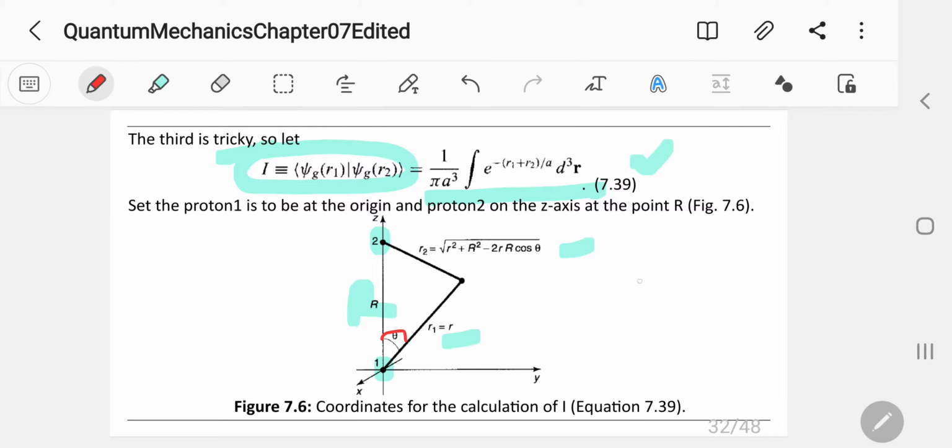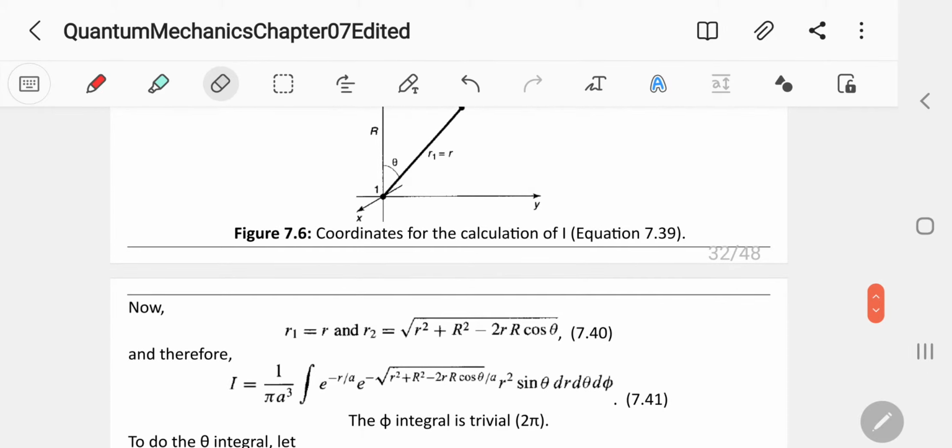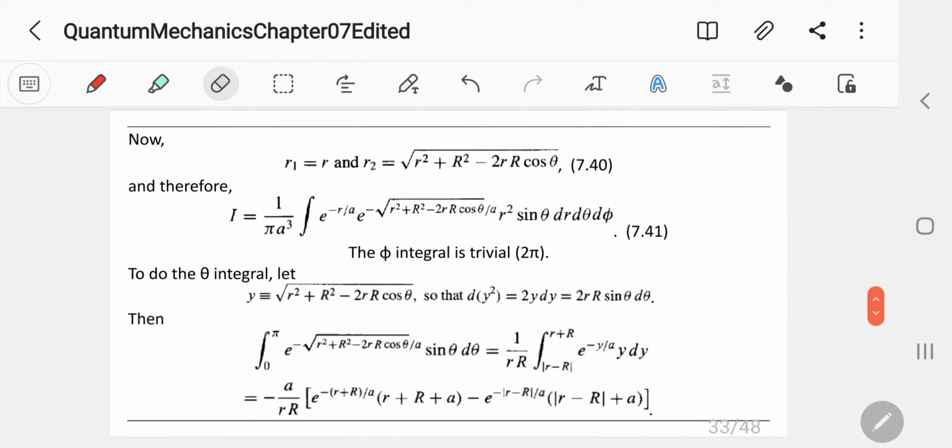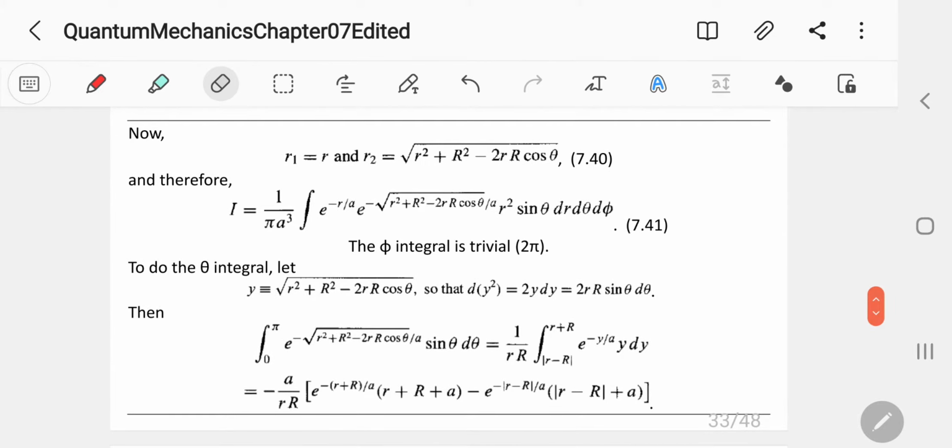So this is like a spherical coordinate system, so you can use spherical coordinates here to solve the integral. And by the way, this is using the cosine law.